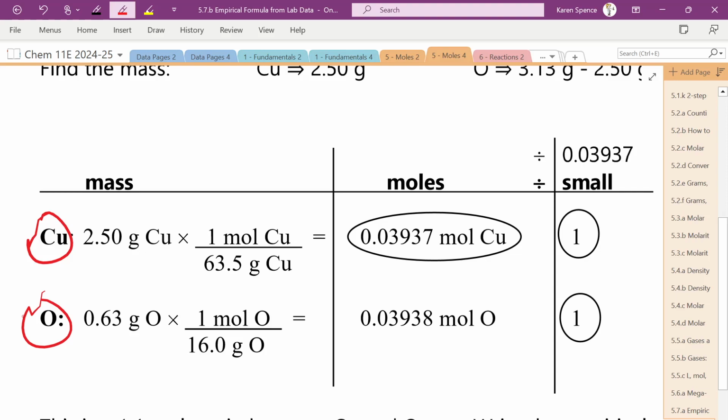From mass to moles, we use the molar mass. So we take our grams, and we have our grams on the bottom. Those cancel out, and we are left with moles. And we do the same for oxygen, and we find our moles of oxygen.